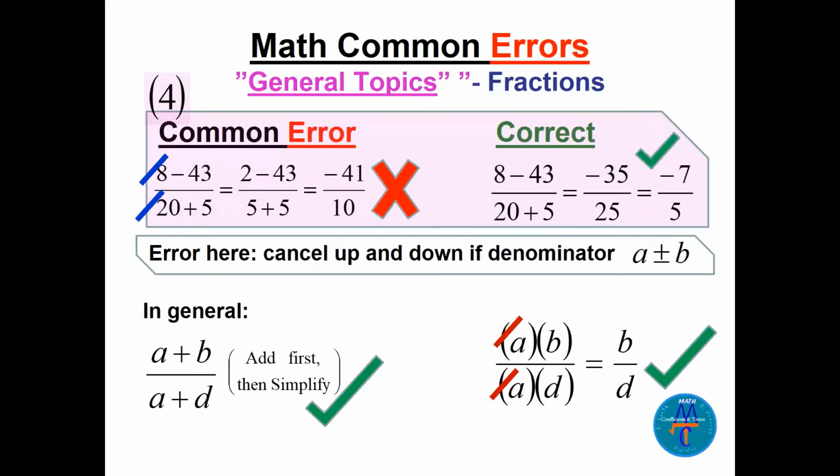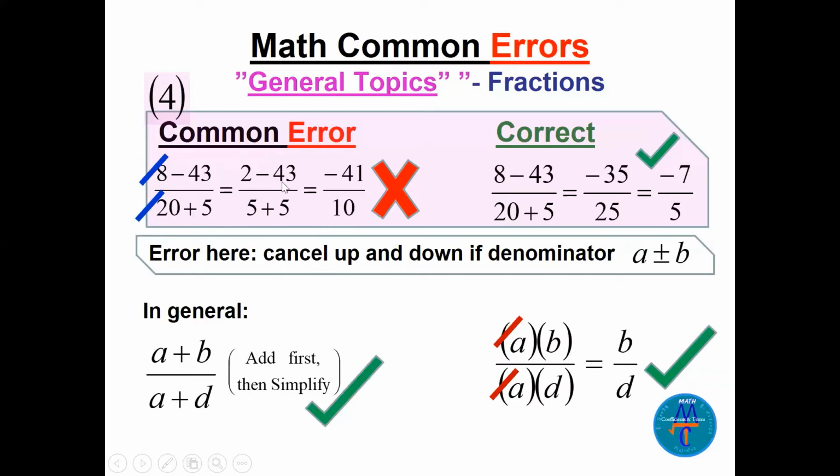Now let's see another common error. If we have 8 minus 43 divided by 20 plus 5, you see this one here. If you see 8 and 20, some students or math users think, let's cancel here by 4, we get 2, and cancel here by 4, we get 5.